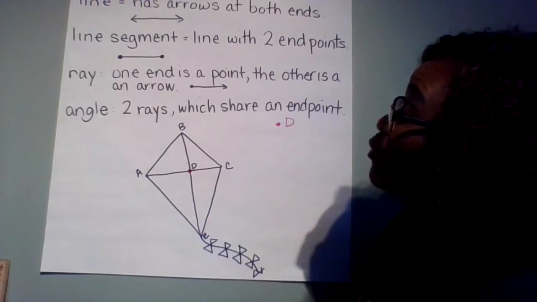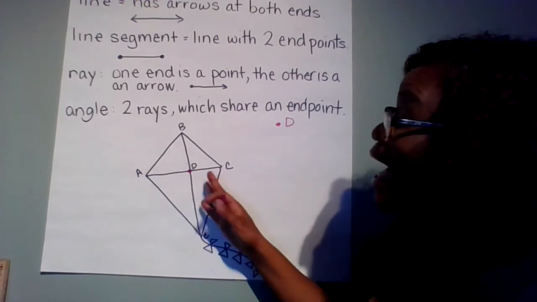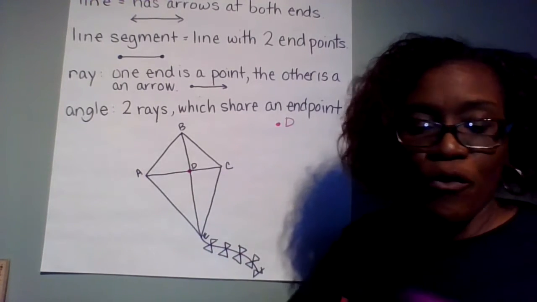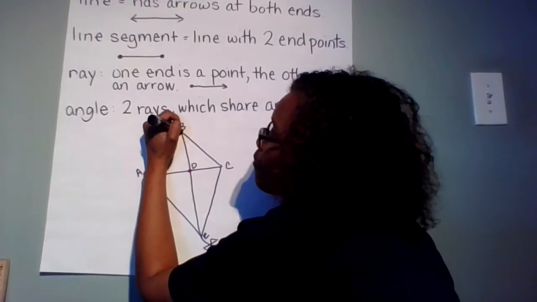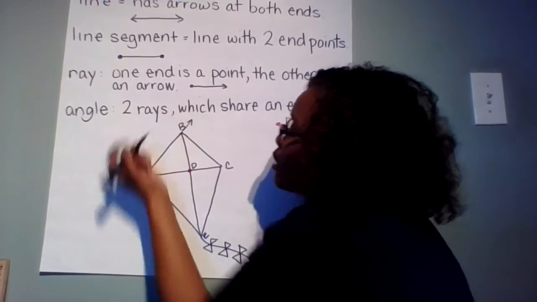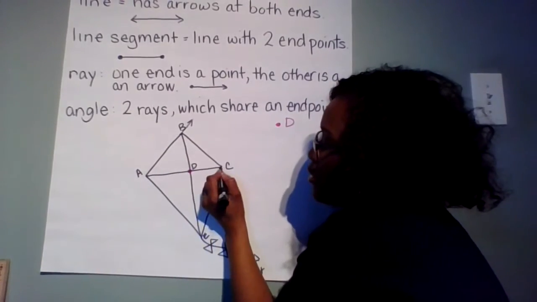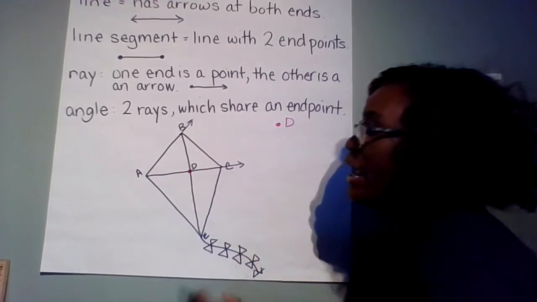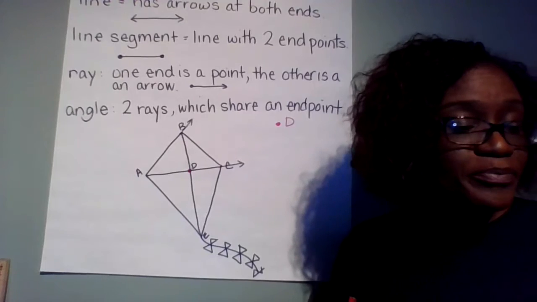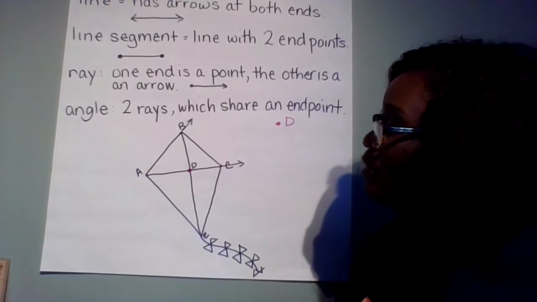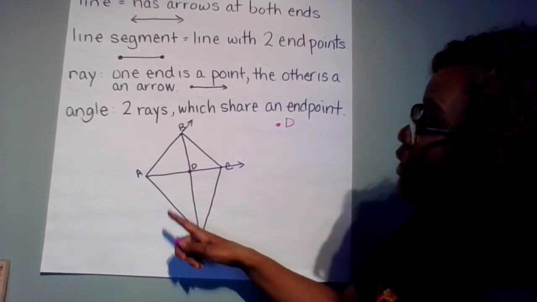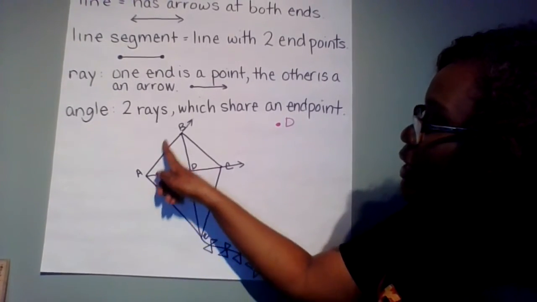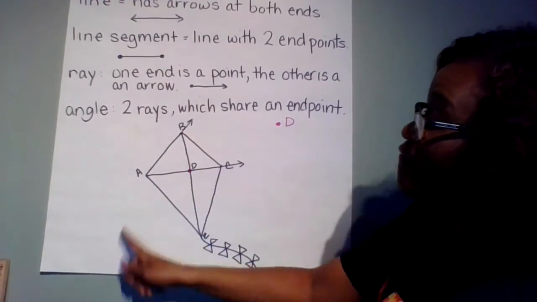Now, if I wanted to do a line, what I could do is draw an arrow off of here and an arrow off of here. But right now I'm making these into segments, so we'll do that first.